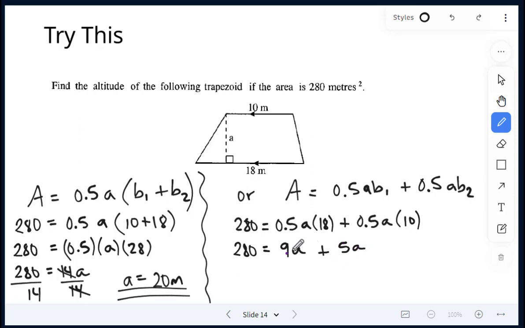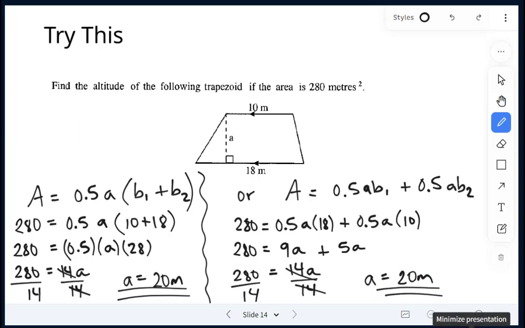So these two we can combine together because they're like terms. So 280 equals 14A, and we're at the exact same step as this one. Now we'll just divide by 14 on both sides, and that leaves me with A is equal to 20 meters. So for the trapezoid, you can use either formula. All right, so I'm going to pause here.